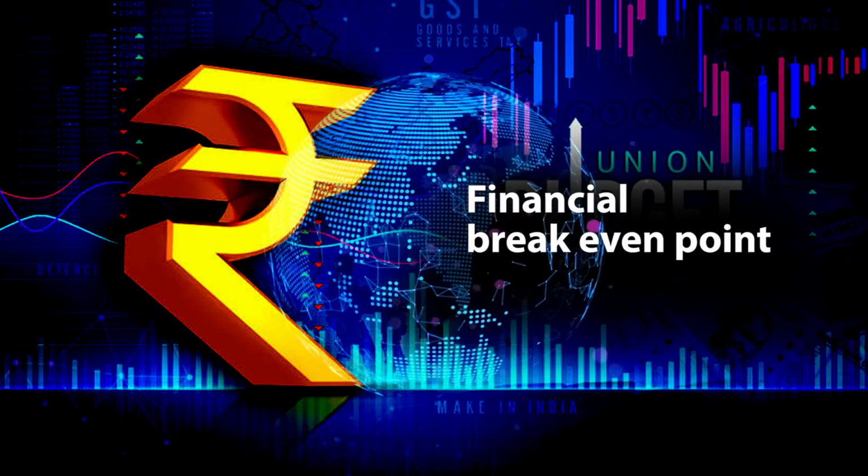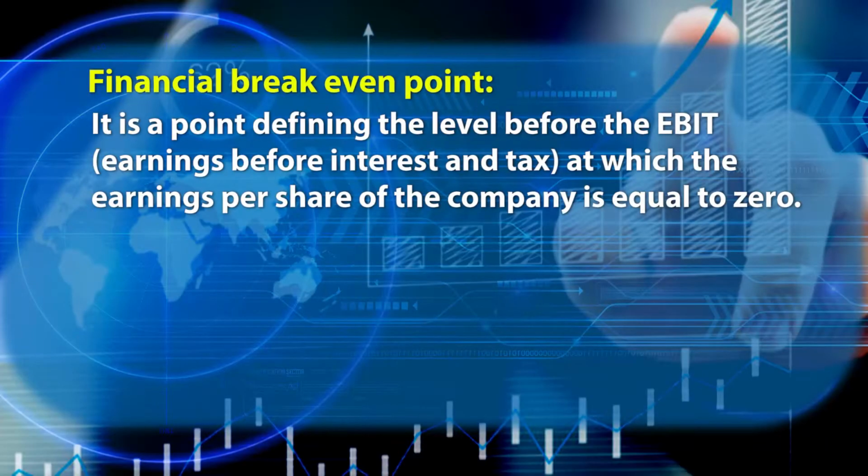Financial break-even point. It is a point defining the level of EBIT, earnings before interest and tax, at which the earnings per share of the company is equal to 0. In other words, it is the level of EBIT that equals the fixed financial cost for the company, such as interest on the debt, preference dividend, and more.